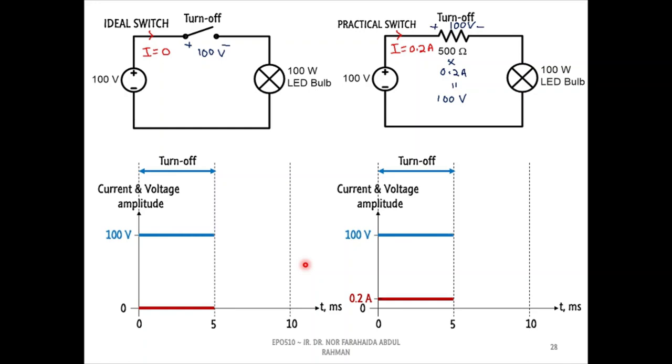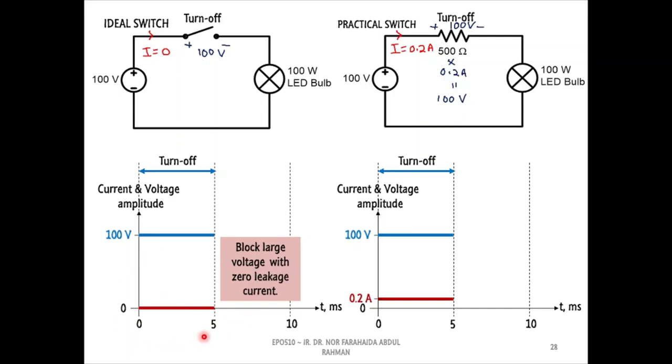According to the waveforms, we can describe the voltage and current or VI characteristics of both switches during the off state. For the ideal power switch, the device will block a large voltage with zero leakage current.